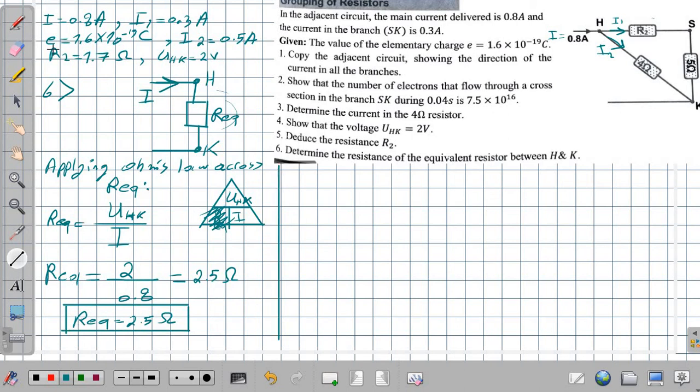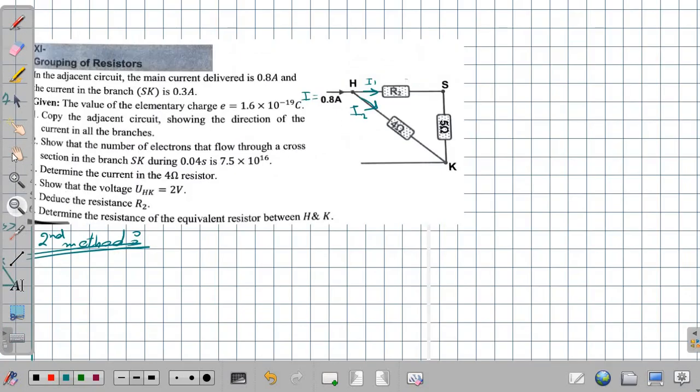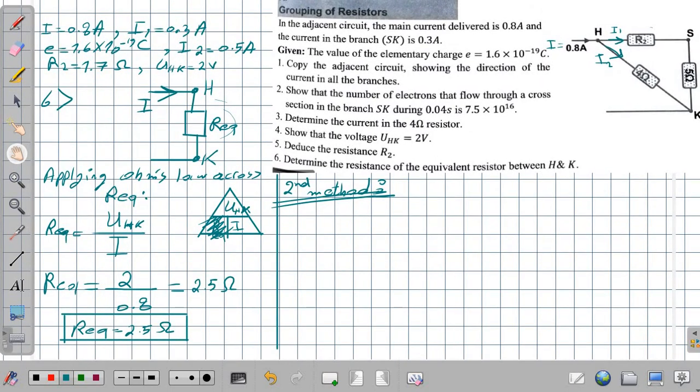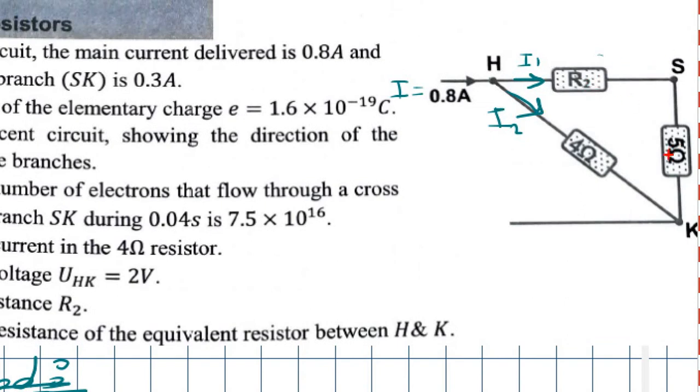فينا نستعمل second method، طريقة تانية. بالsecond method نستعمل الجروبين اوف ريزيستورز. خلونا نشوف هون. اوكي، بنلاحظ انه R2 وال 5 ohm مشتركين ب 1 point، عندهم 1 common point وبالتالي هن in series، ففيني انا اعمل لهم grouping بسهوله.